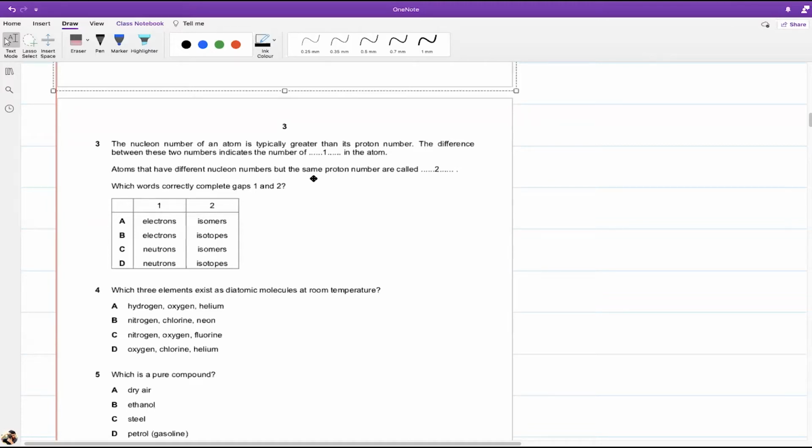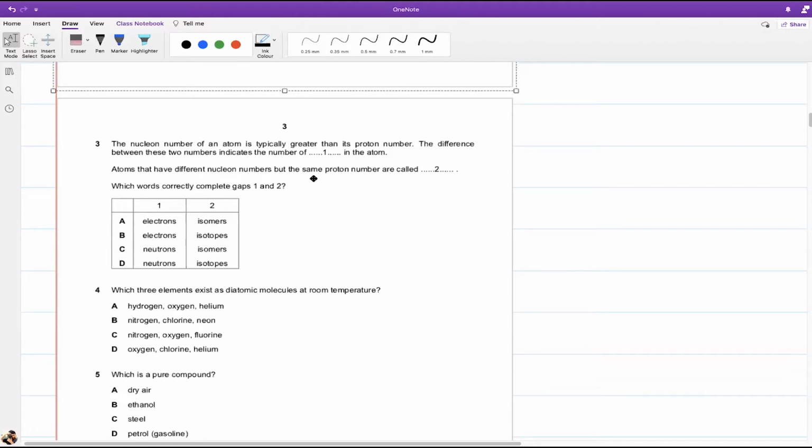Anyways, the first one is neutrons, and the second one, atoms that have different nucleon numbers but the same proton numbers. Those are isotopes. Now, here's a common mistake that I've seen in some recent papers that I've checked. Students, when they're defining isotopes, say atoms with the same proton number but different MR or different AR.